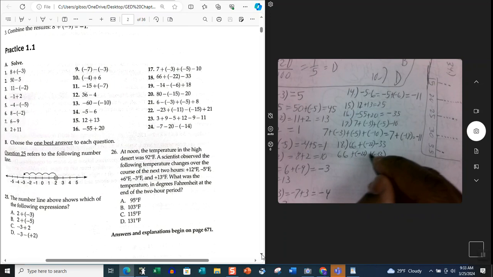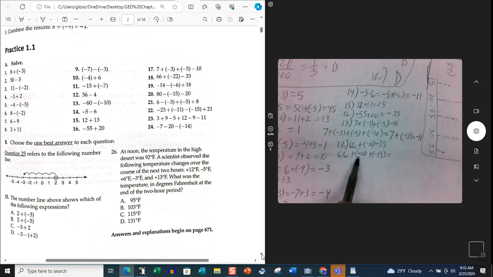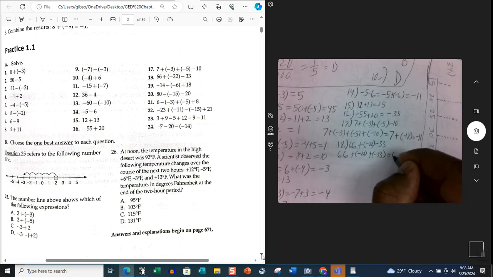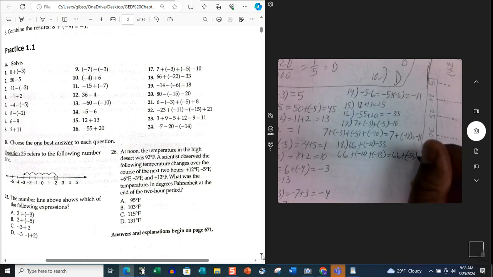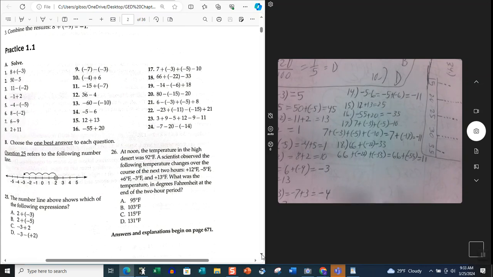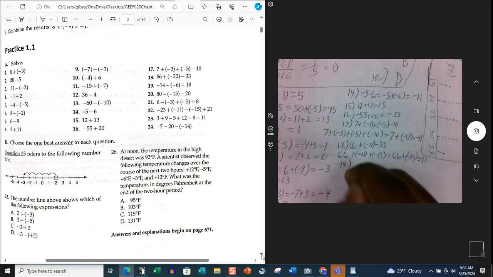Now we combine the like signs. So we have 66 plus a negative 55. Now 66 is larger than 55, so our answer would be positive, and 66 minus 55 is just positive 11. Now we go to problem 19.